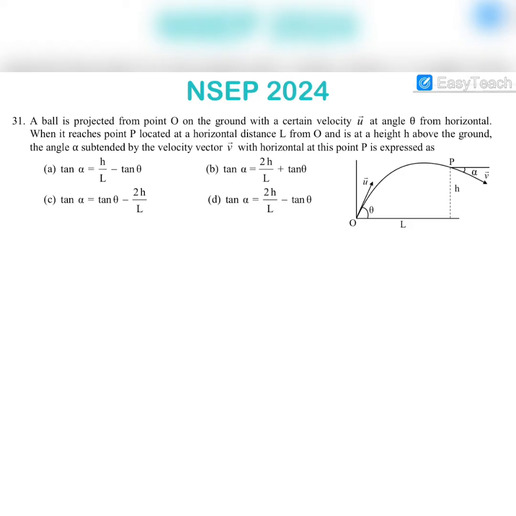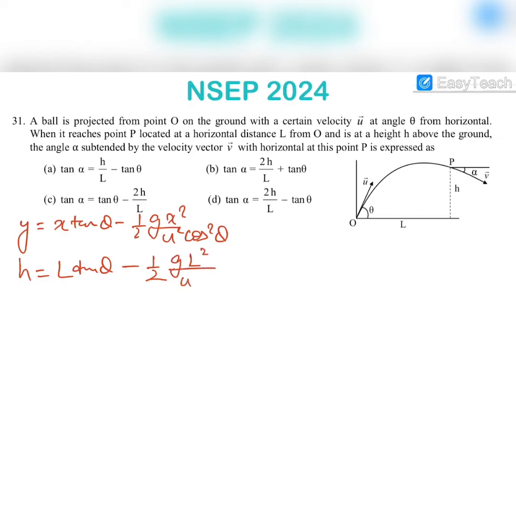We know that the trajectory equation is y is equal to x tan theta minus half g x square upon u square cos square theta. Now y at that point is h and x is L, capital L, so h is equal to L tan theta minus half g L square upon u square cos square theta.